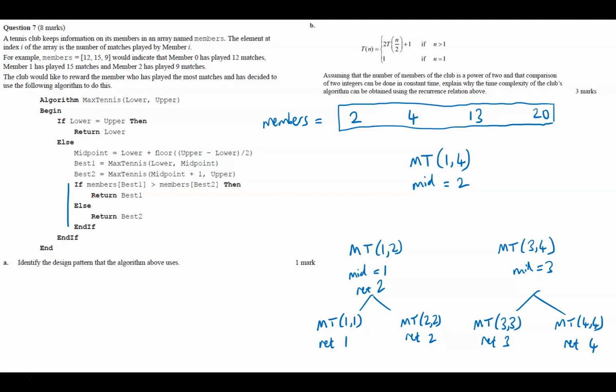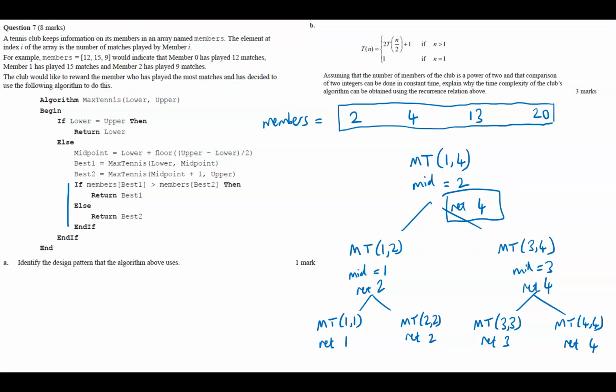And over here, we are returning 4, the index that has the larger one. That gets returned up here, and we compare the value at index 2 with the value at index 4, and so we return 4. And that is our final answer. So that tells us member 4 was the member who played the most matches.